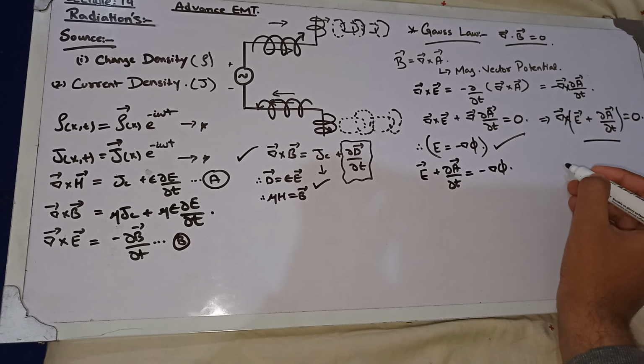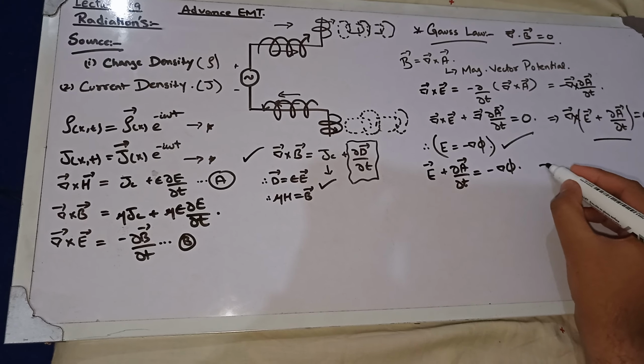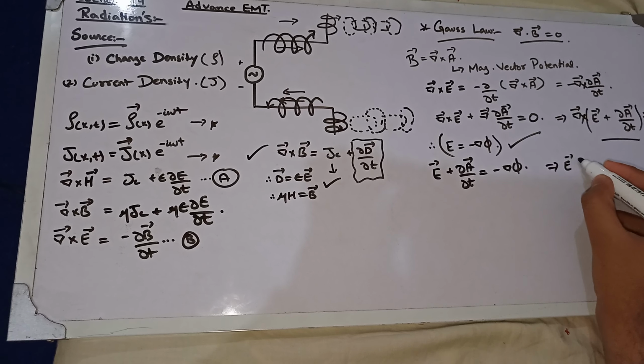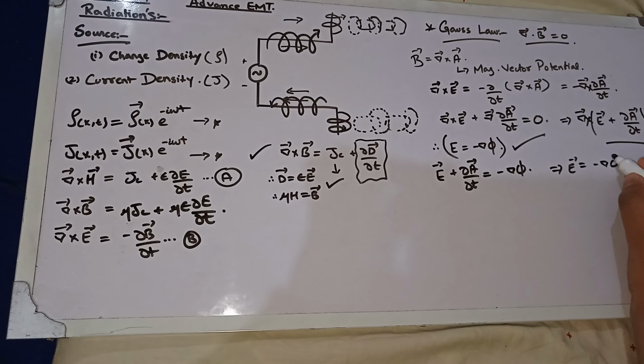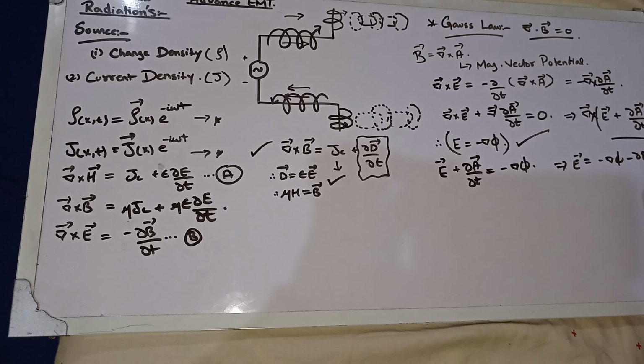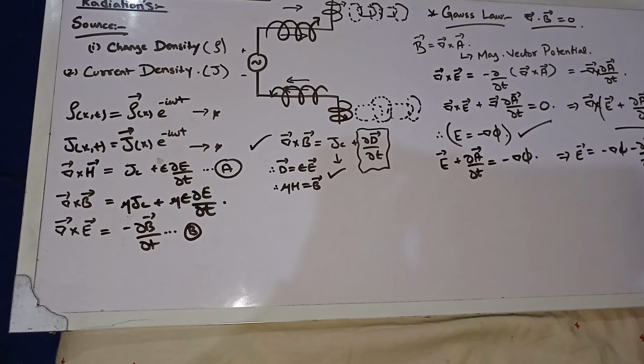Now move this to the other side, so your E becomes equal to minus del psi minus partial A divided by partial T.